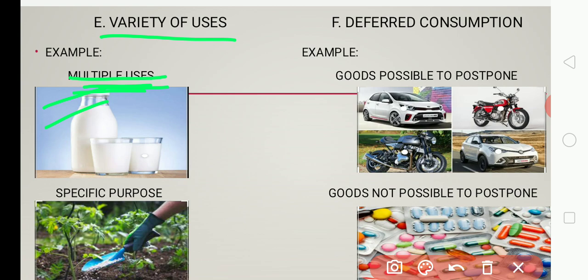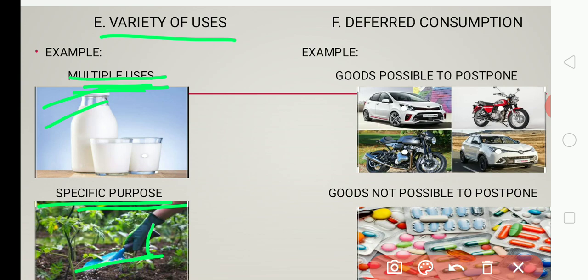In such cases, suppose a good has only one specific use, whatever the price may be, the demand will be inelastic. For example, here I have shown fertilizer.